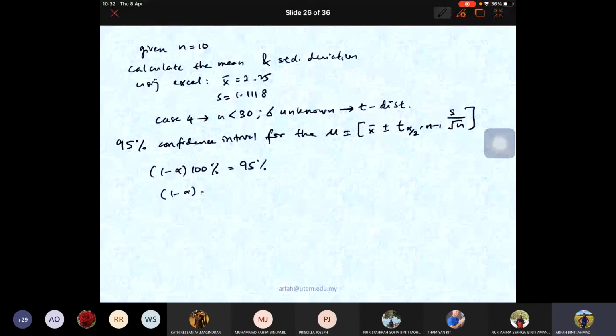So 1 minus alpha equal to 0.95, alpha equal to 0.05. So dapatkan T alpha over 2, n minus 1 equal to T 0.025, 9.